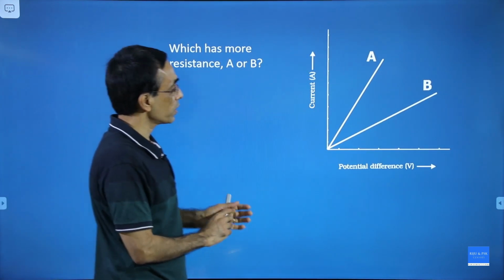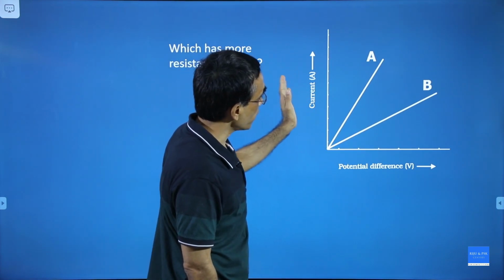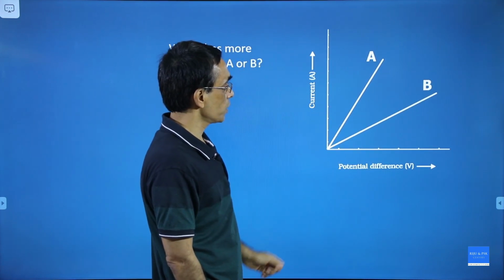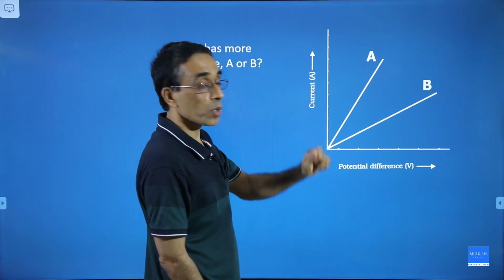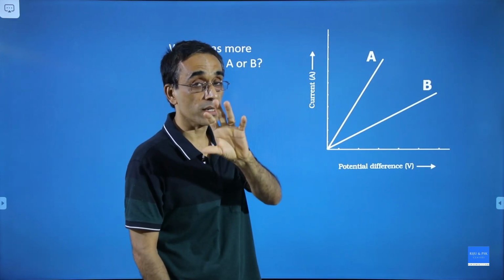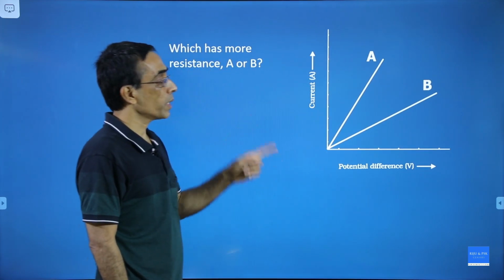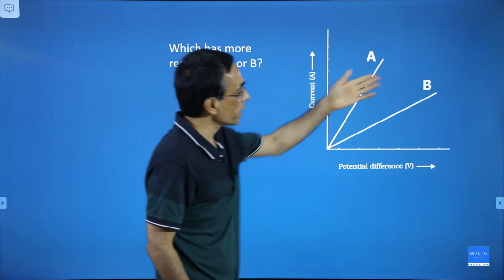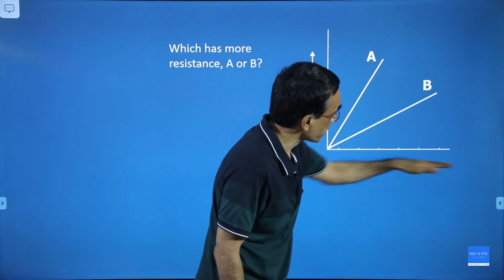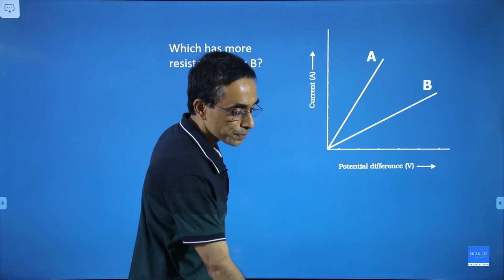Now, the axes got switched. This is current, this is voltage. So, the slope is the reciprocal of resistance. You might have studied conductance. Which has got more resistance? This time B will have more resistance. There is a shortcut. The line which is closer to the voltage axis will always have more resistance. That is easy. Okay.